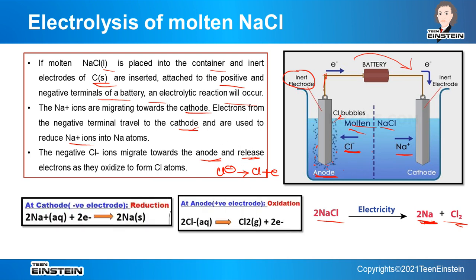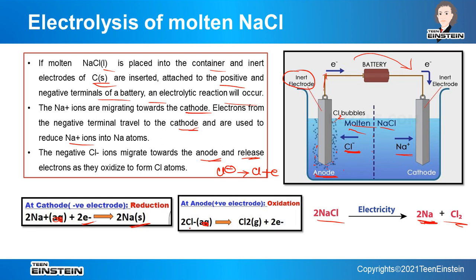So here we have the reactions. The cathode is the negative electrode, because here electrons are pushed towards this side. So 2 Na+, sorry, it will not be aqueous, it is molten. So 2 Na+ accepting 2 electrons is converted to sodium solid, that is metallic sodium.